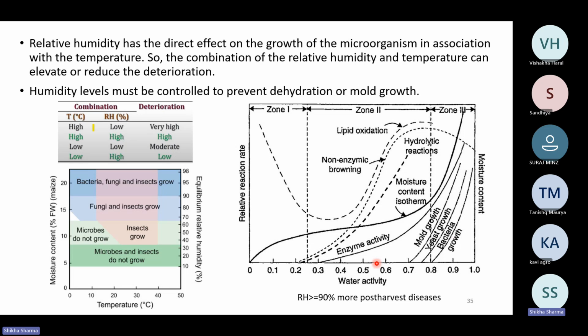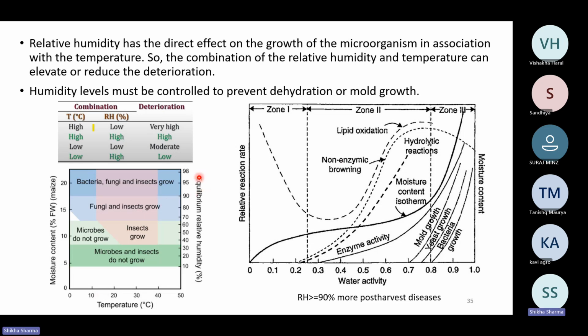At least some microorganisms can grow there, but below that no microorganisms can grow. So obviously water activity and humidity also play a role in preventing the growth of molds and other microorganisms.